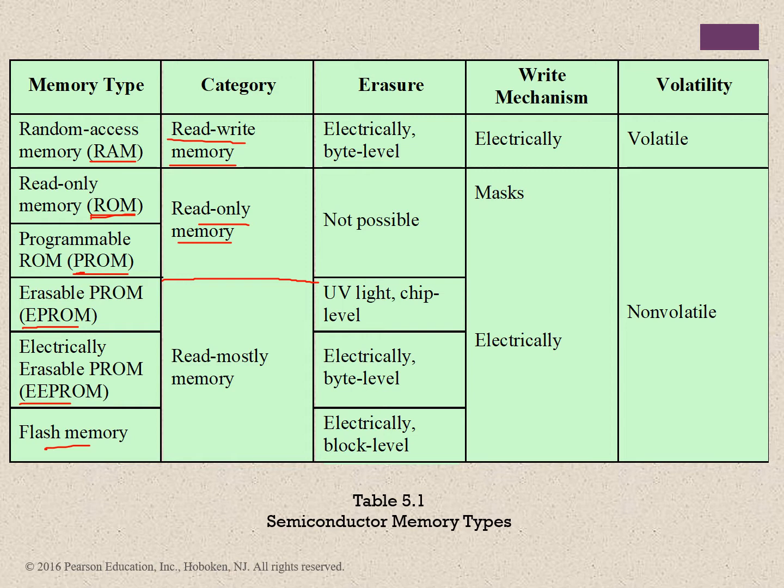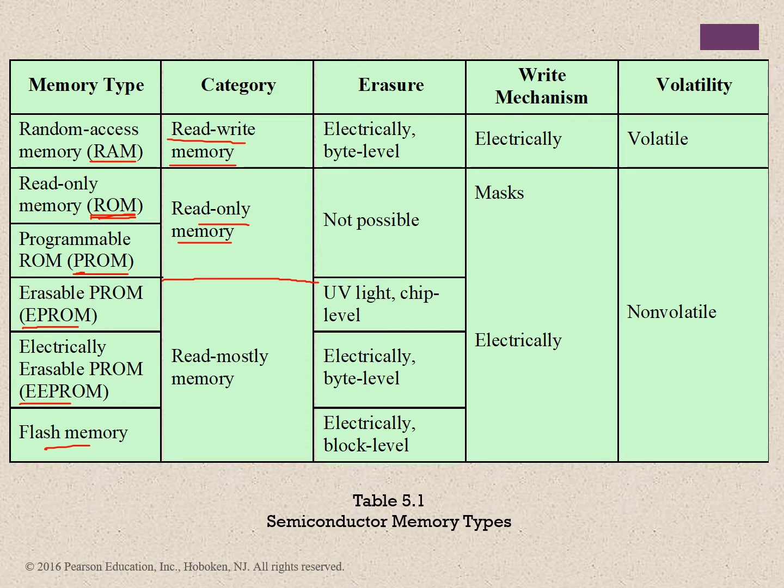That means the writing process is done during the fabrication process. The data is written onto the read-only memory during the manufacturing time. The writing process is different for programmable read-only memory, but it's written once onto the memory and you can only read it from the memory.